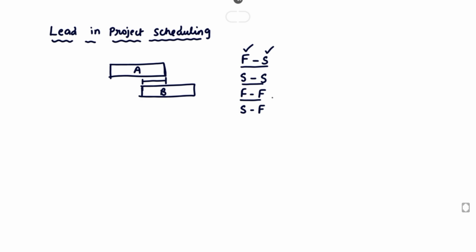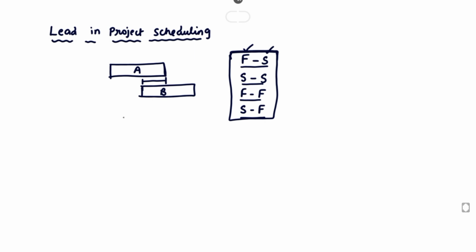So that is called finish to finish. Next is start to finish. Whenever the second activity finishes, the first activity will be started. So that is called start to finish. These terms are most important to understand what lead and lag are, and the relationship between both activities.